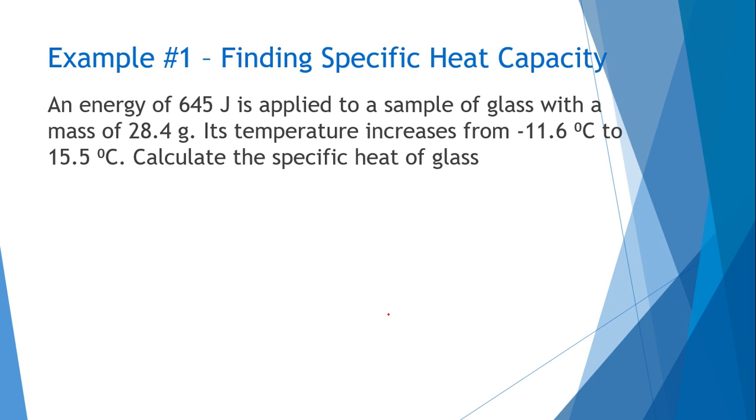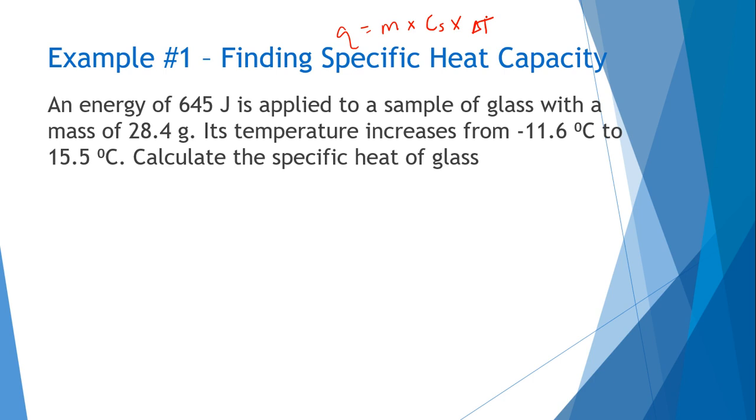Its temperature increases from negative 11.6 to 15.5 degrees Celsius, and we need to calculate the specific heat of the glass. Let's go through our equation. Remember, Q equals mass times our specific heat times our change in temp.